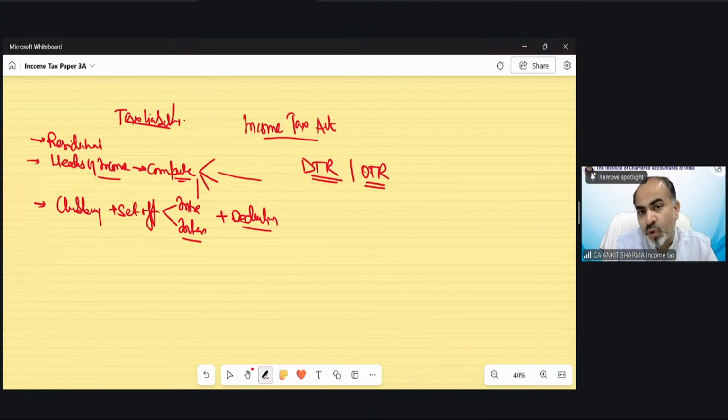Because under heads of income like salary, house property, PGBP, other sources, if you need to calculate the income under the default tax regime, the provisions would be slightly different in comparison to the provisions under the optional tax regime. You have to skip certain exemptions, like in salary, you cannot claim the exemption of HRA if you are under the default tax regime, education allowance exemption, hostel allowance, etc.